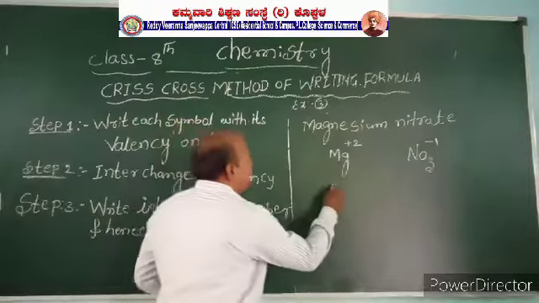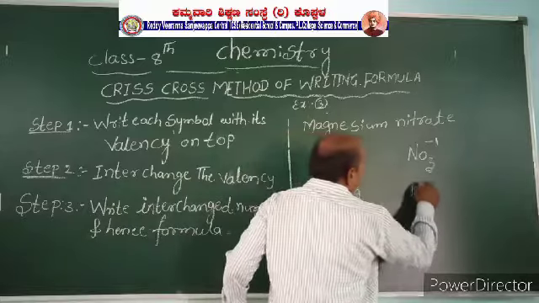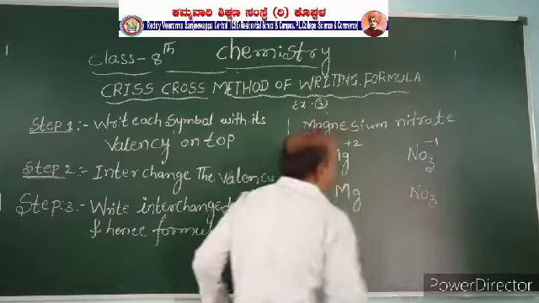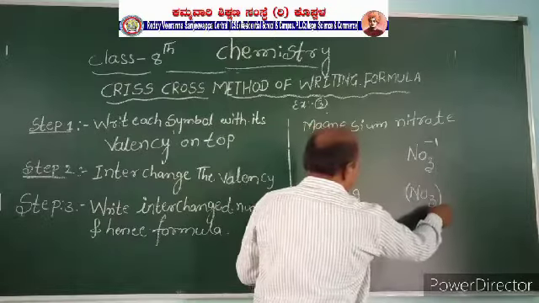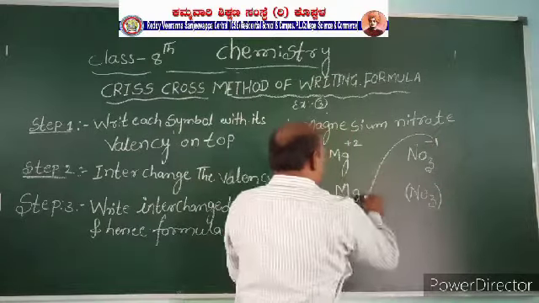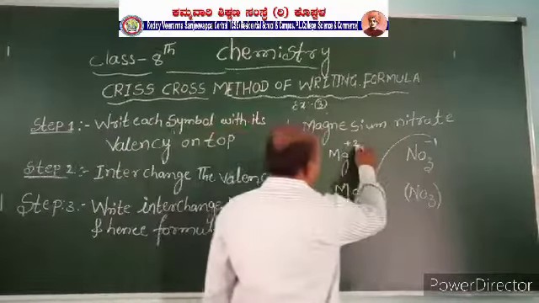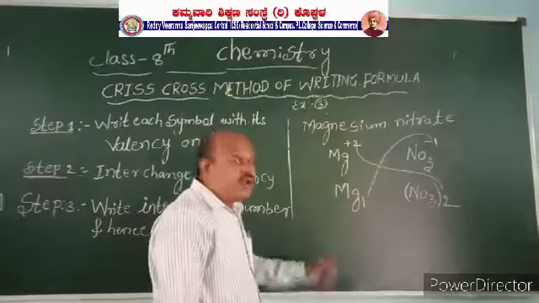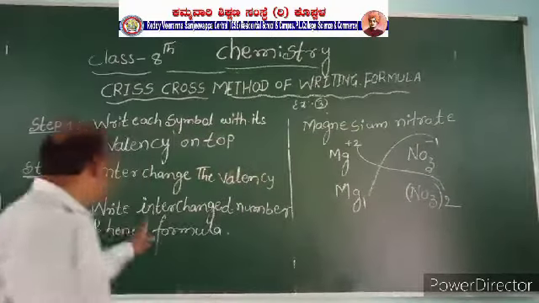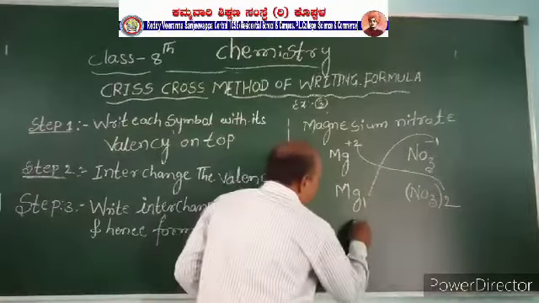Therefore, next step: Mg and NO3. NO3 is a complex radical, therefore you put the bracket. Here minus 1 becomes only 1, ignore the sign. Here plus 2, only 2, ignore the sign. Third step is write the interchanged number as is.